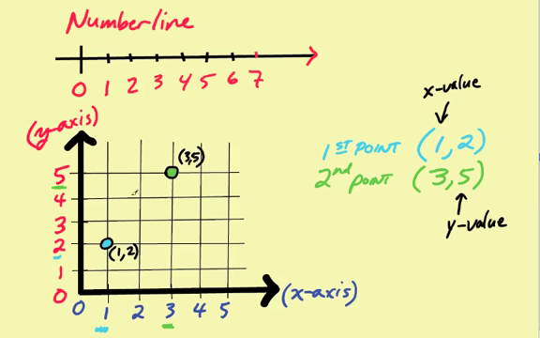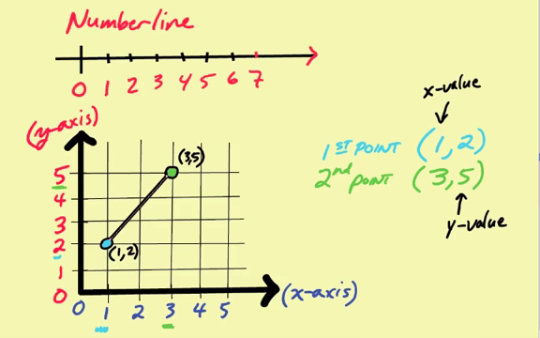So with these 2 points, I now can draw a line if I wanted to. And let me thicken that line up. So this is a line that's created between points 1 comma 2 and 3 comma 5. Remember, when we're graphing, we always put the x value first. That's the one we find out first. That's the first number.